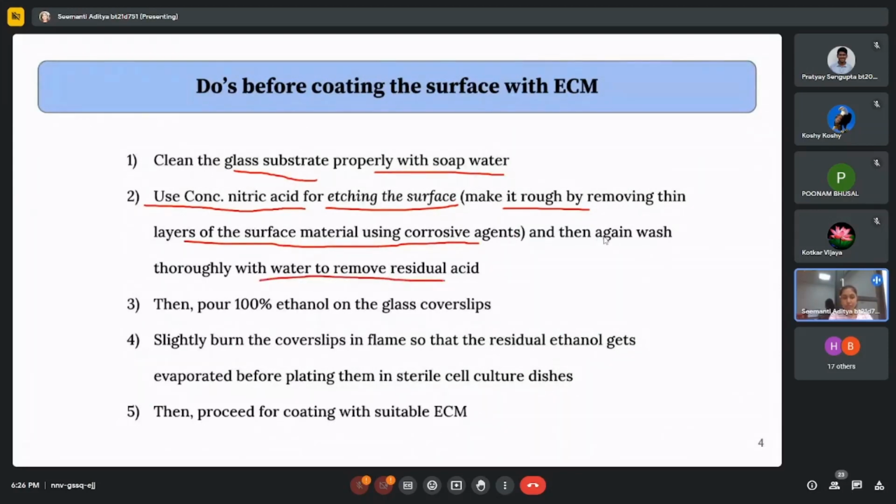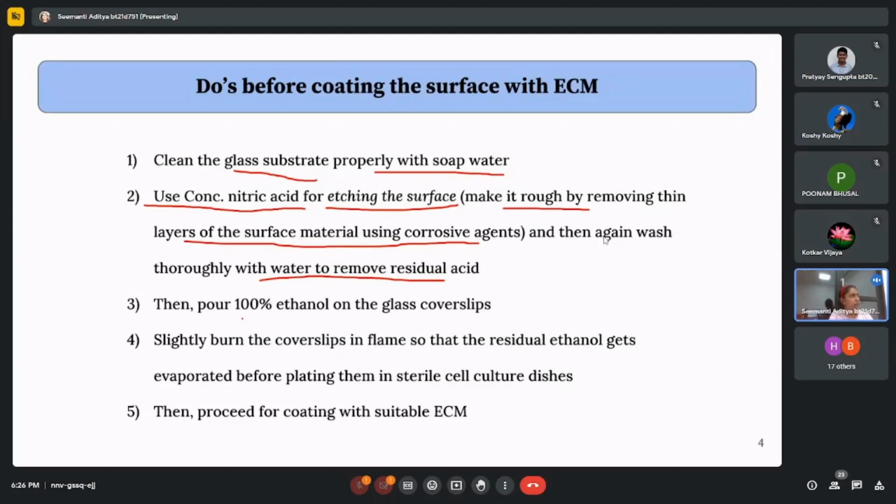After every step, it is very important and crucial that we wash it with water, because any of these things, the soap water or the acid, or after that the ethanol, are not very growth friendly for the cells, because these are very toxic.